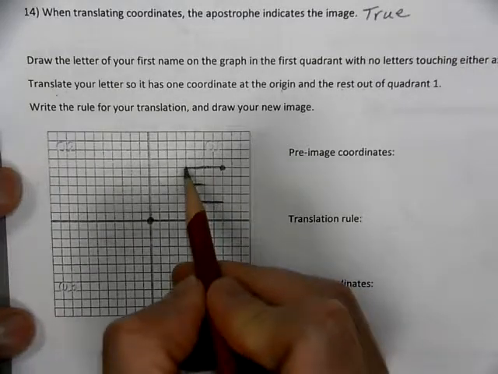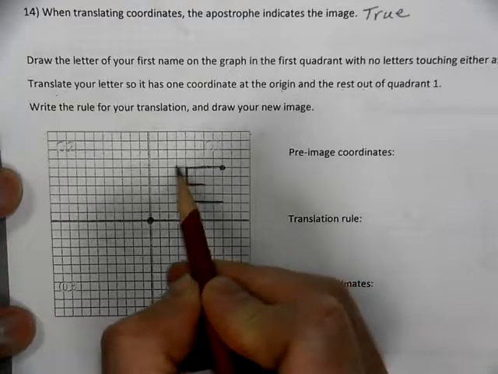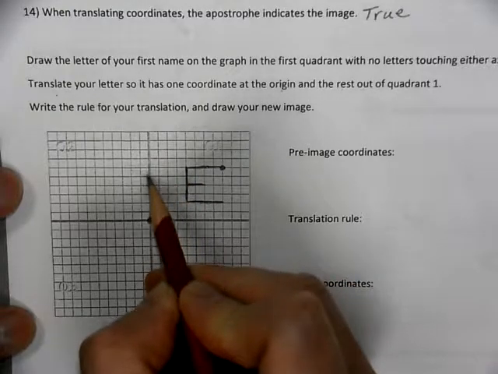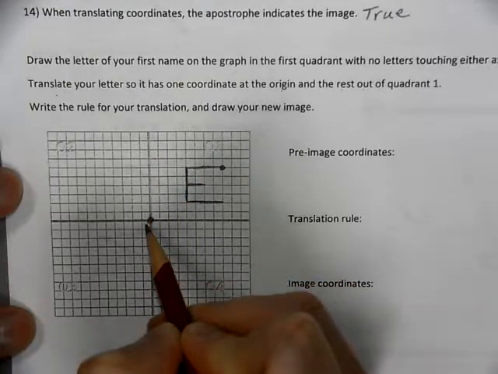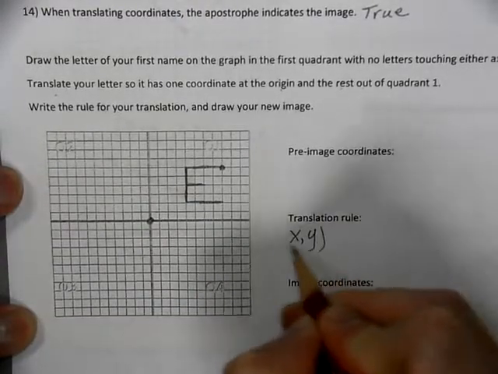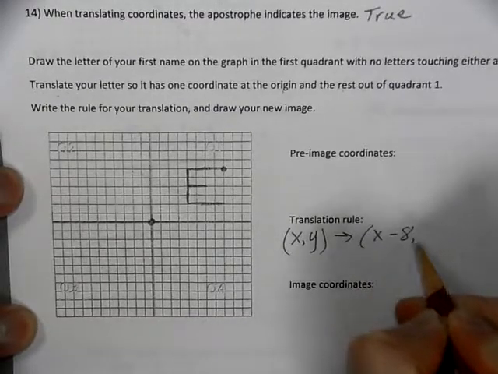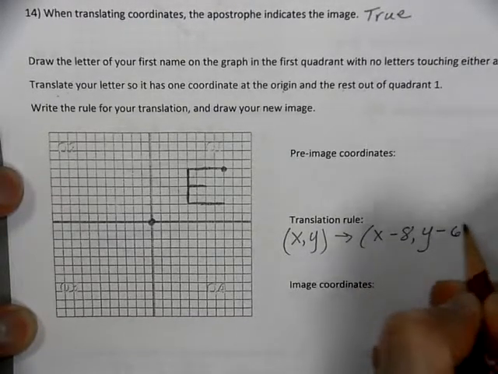Then I'm going to move all the points that same amount. Let's count that one more time. 8, 6. So my rule is going to be x comma y to the left 8 and down 6.